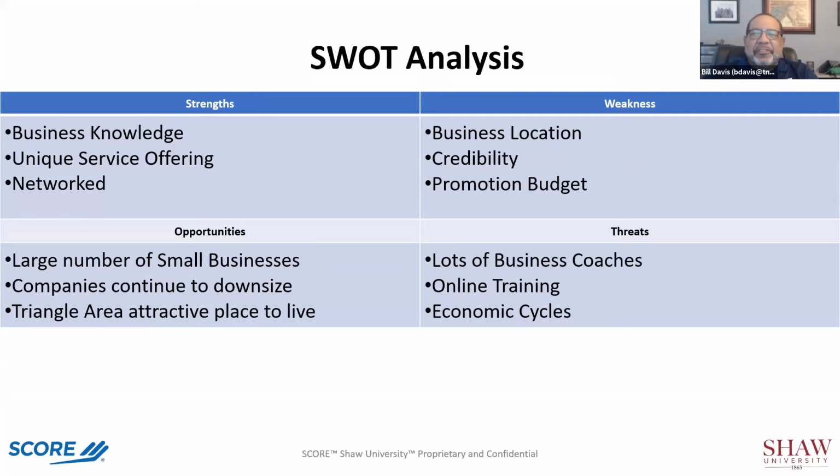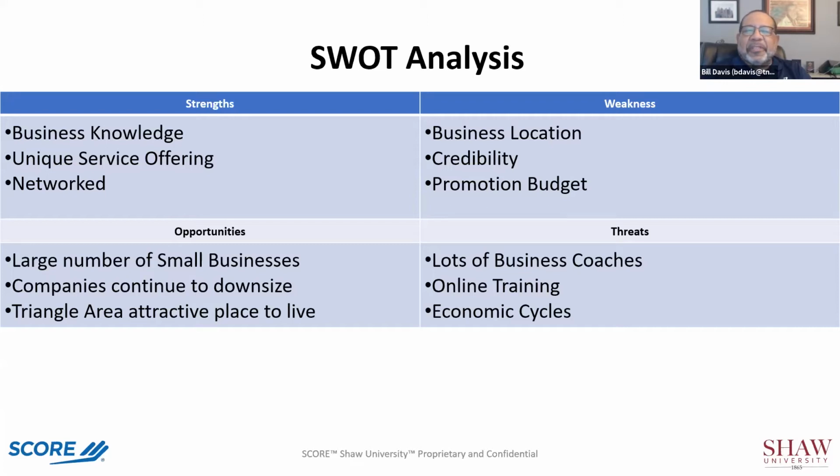Actually, I drew this from my small business coaching and consulting business. And what I've done here is listed the 3 key strengths when I started that business, which was my business knowledge. I had a unique service offering and I was very well networked. The opportunities that I had in the triangle, it's a very large market of small businesses.